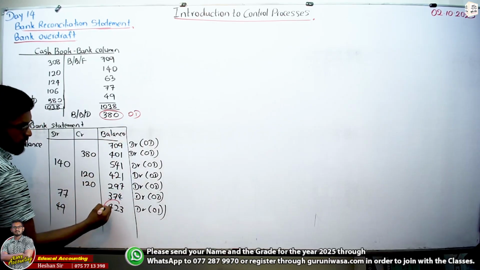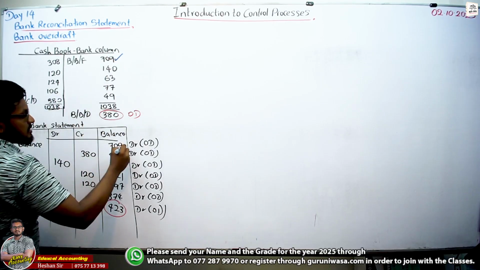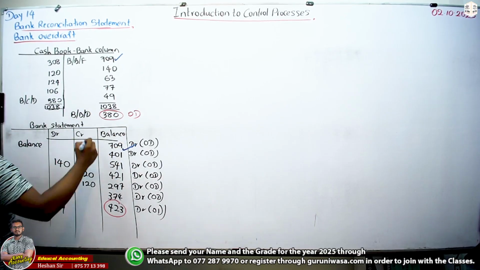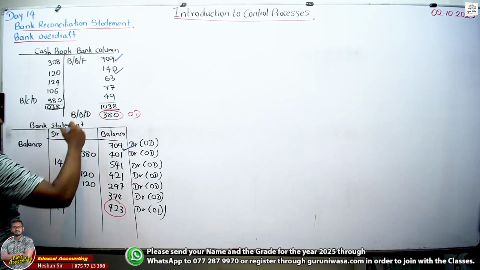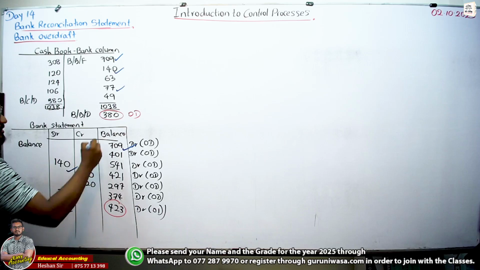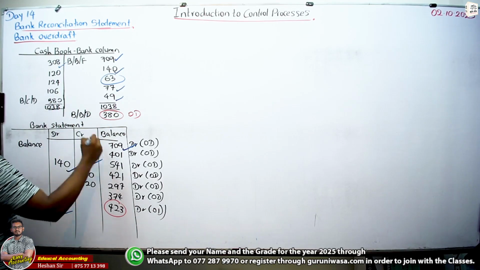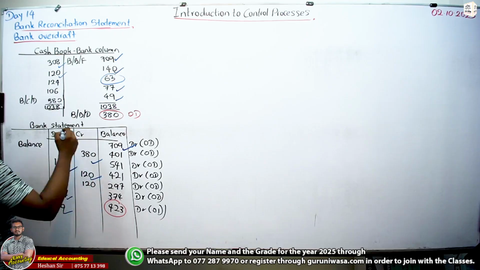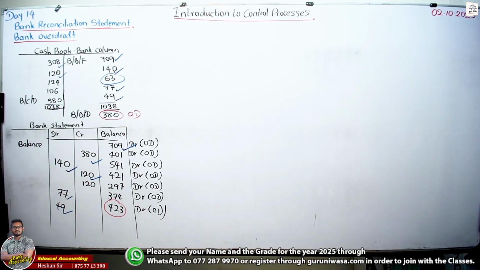In here 423, which means the closing balances are not tallying, understand? We compare: this is a credit balance, this is a debit balance. You can see, let's compare these two. These things are available, 77 available, 49 available, this is not in 380, 380, 120, 124, right?